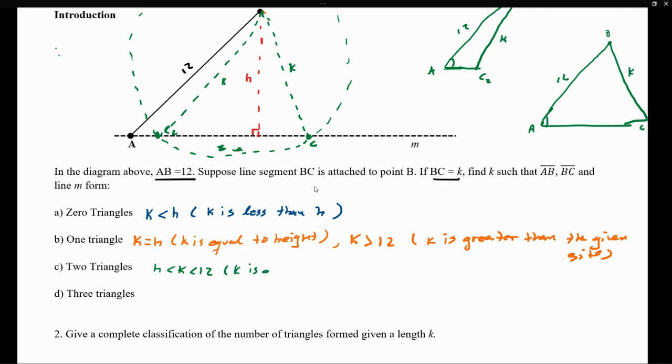If K is greater than the height and also less than the given.